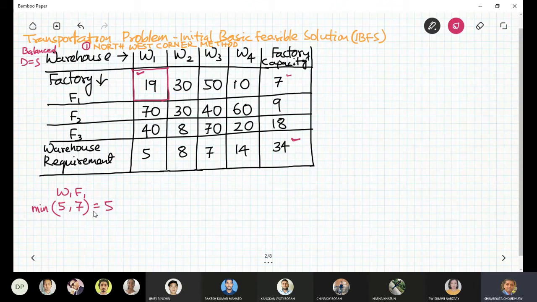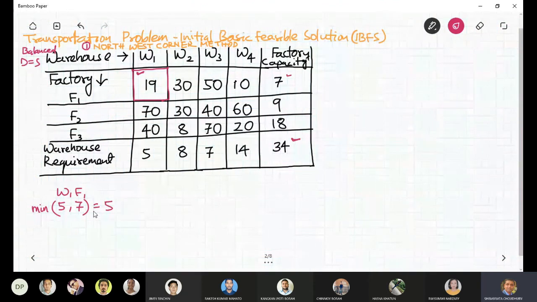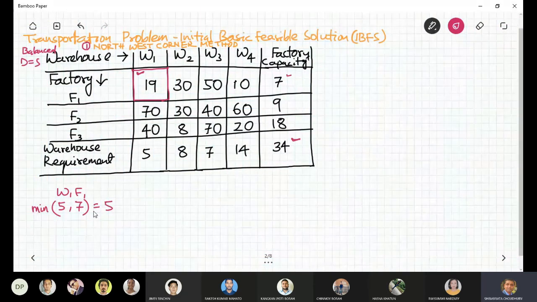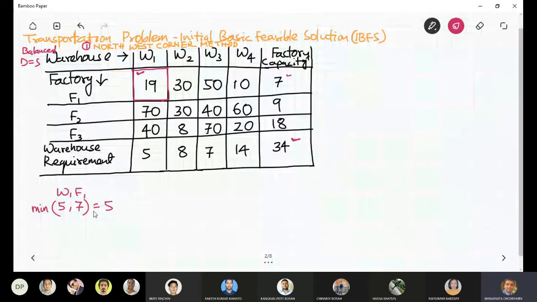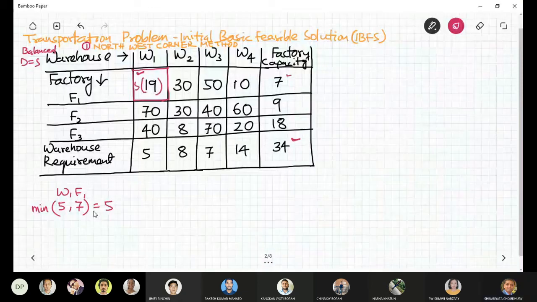Even though the capacity is more, we can allocate a maximum of the requirement. The factory says I have a capacity of 7, the warehouse says no, I have a requirement of 5. So how much will we allocate? We are allotting 5 units.